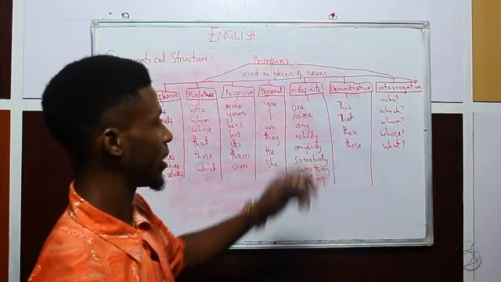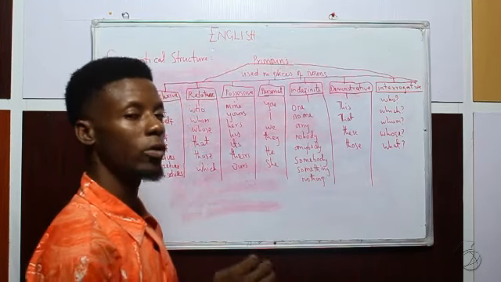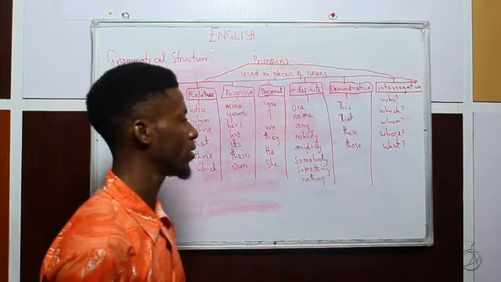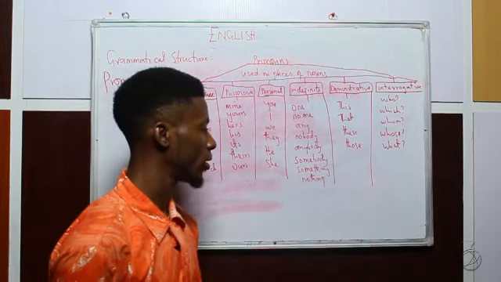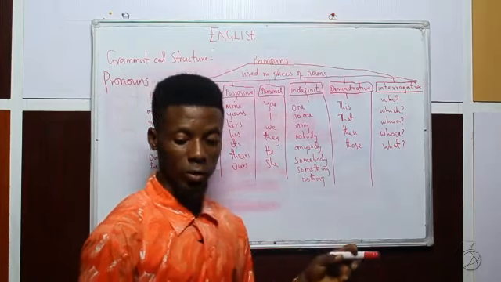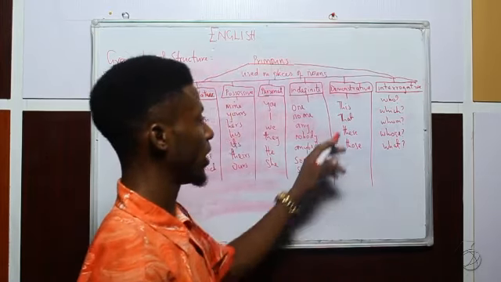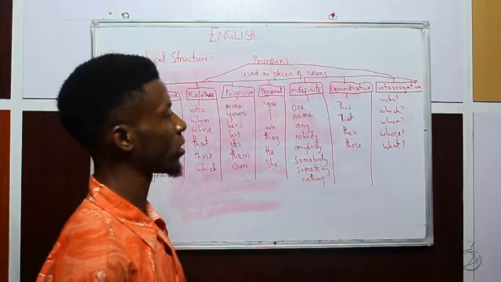We also have indefinite pronouns, which include one, no one, any, nobody, anybody, somebody, something, and nothing. Under demonstrative pronouns, we have this, that, these, those.